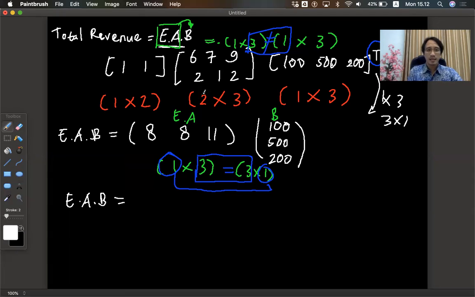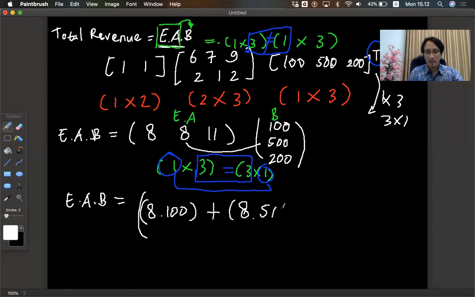So the first thing is multiply the 8 with 100, 8 times 100, plus second one 8 times 500, plus 11 times 200.